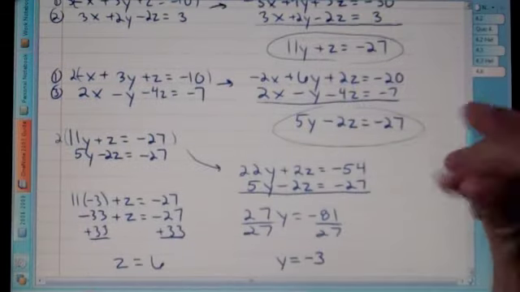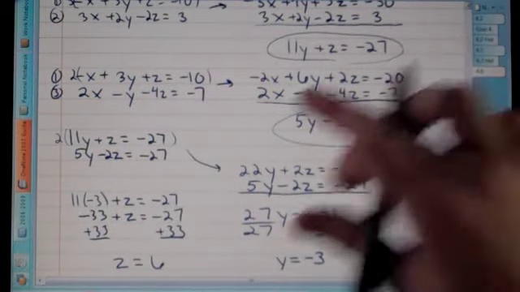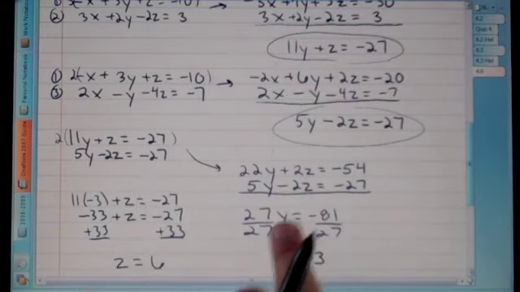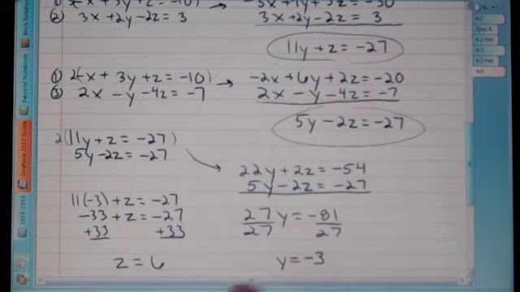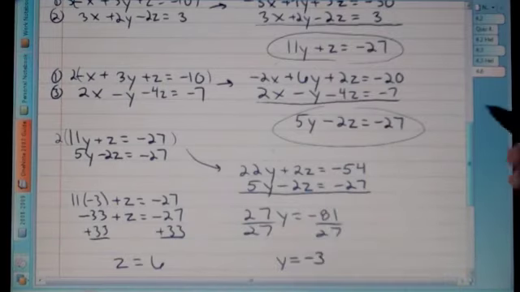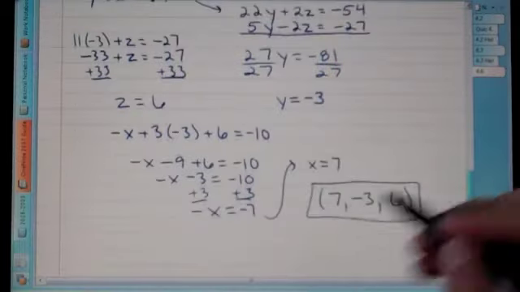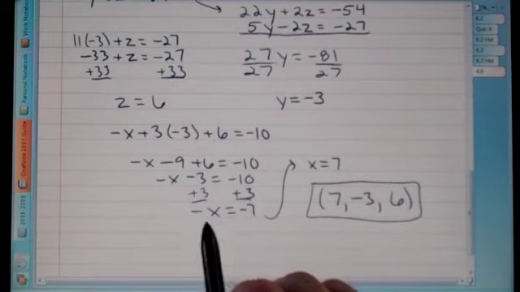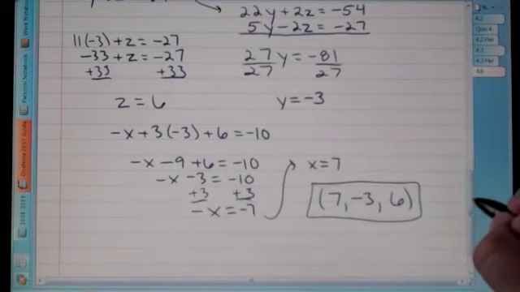Because now when I do that, I have these two equations that I brought over here, and I did the elimination method there as well, and that brought us down to y equals negative 3. Once I found that, I was able to plug back into an equation where there was just y and z. Solve for z, I got 6, and then I plugged the negative 3 for y, 6 for z, and I was able to get x by itself to find the x. So that is how you solve three linear equations, trying to find the correct x, y, and z for those.